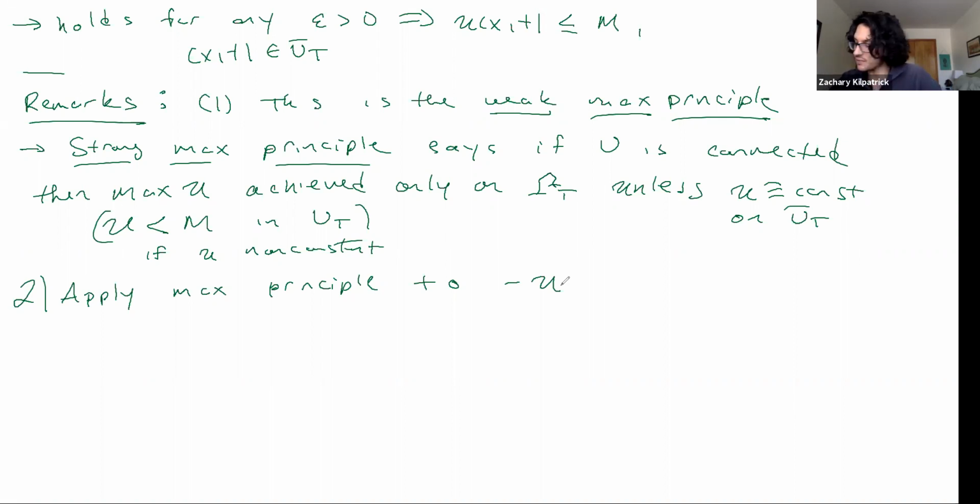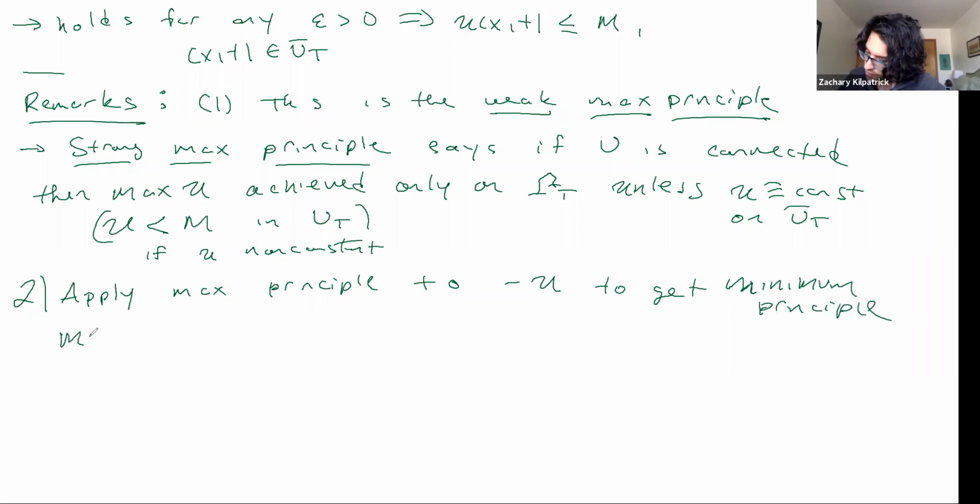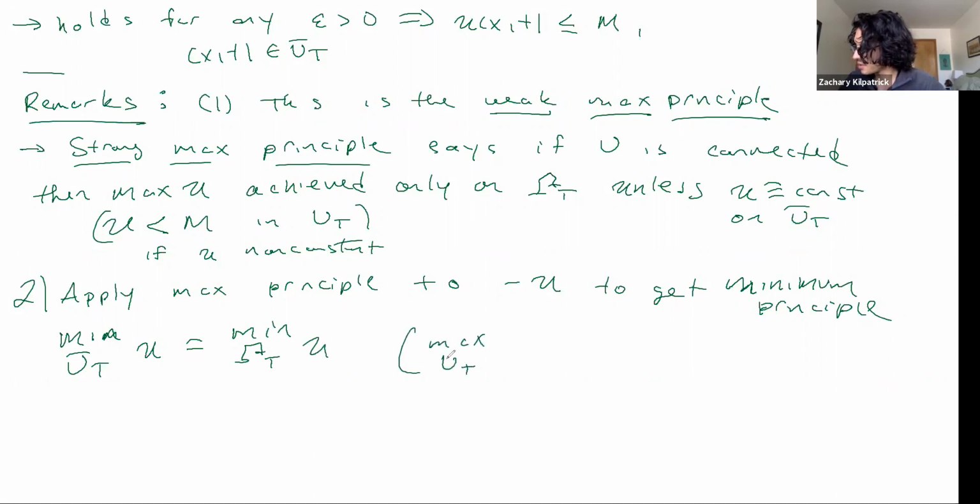That means that U satisfies the minimum principle. This just says that the minimum of U over U_t's closure is equal to the minimum over gamma_t of U, or in other words, the max over U_t's closure of minus U is equal to the max over gamma_t of minus U.